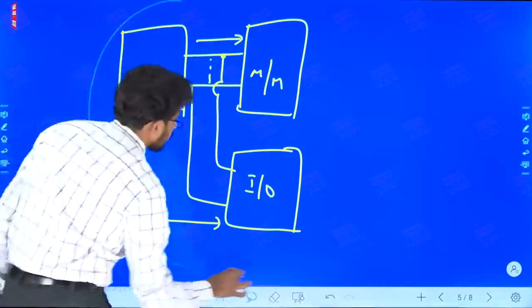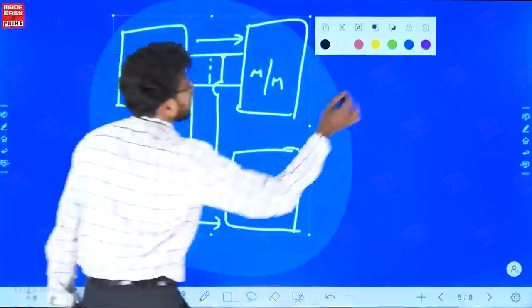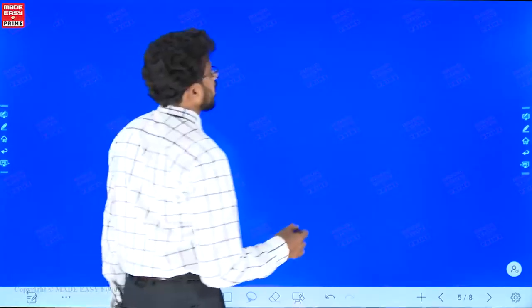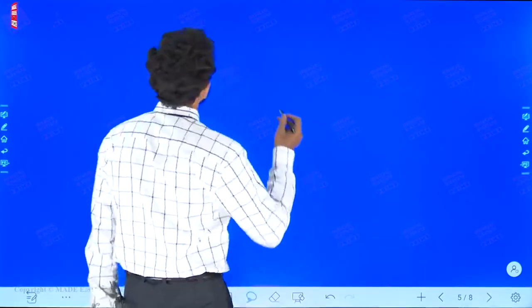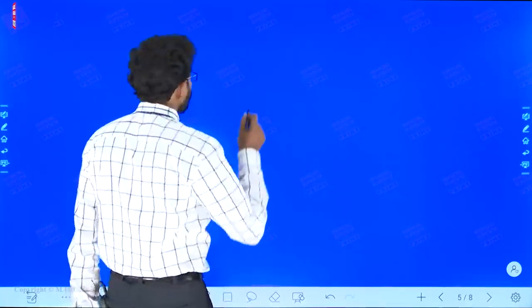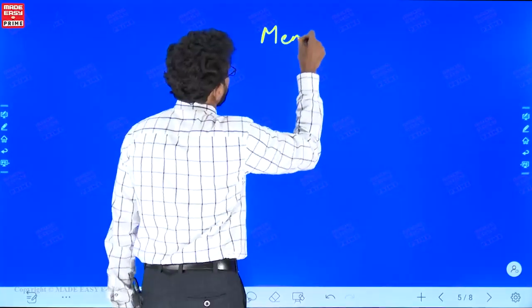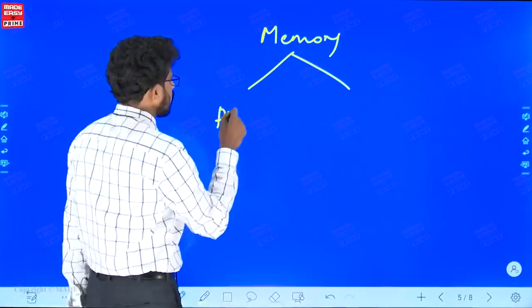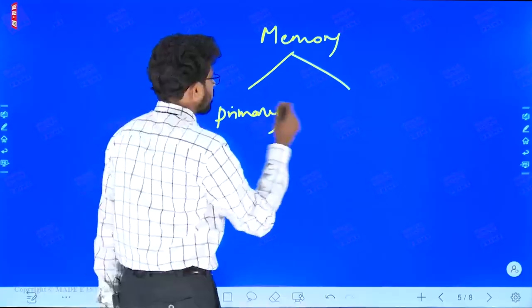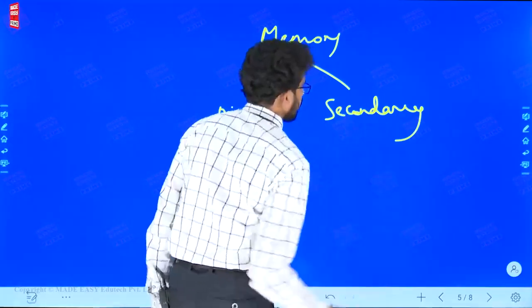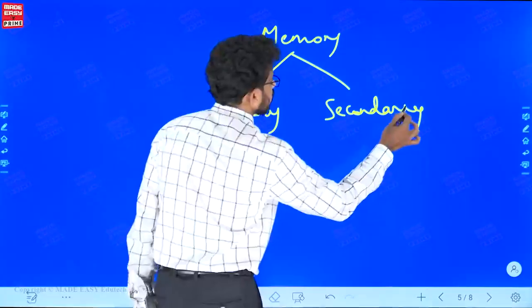Now I am discussing the concept of memory. What do you understand by memory? See, there are two types of memories. Already I have given you some basics. One is primary, the other one is secondary.